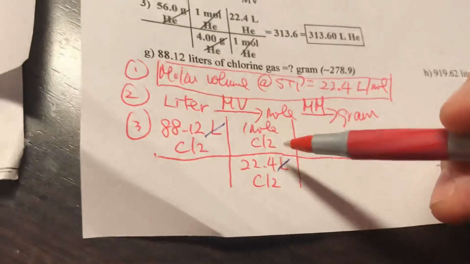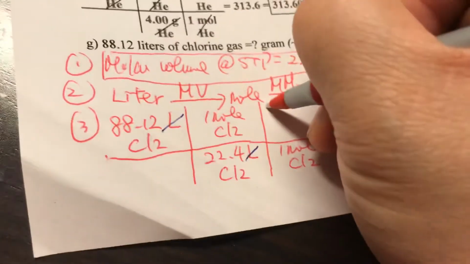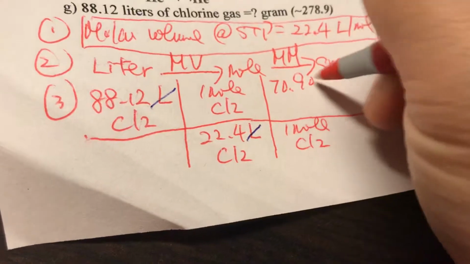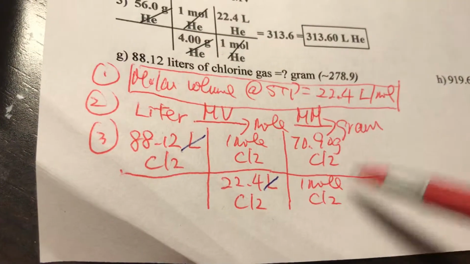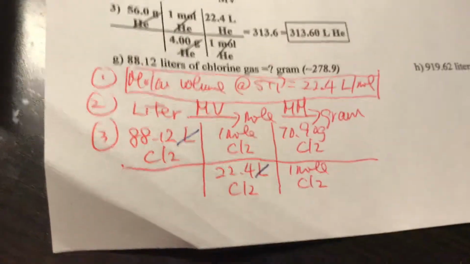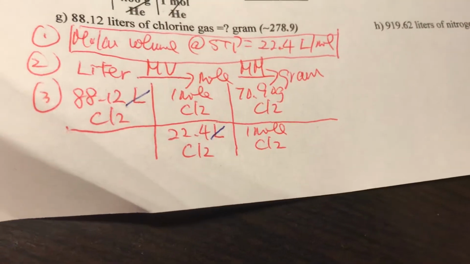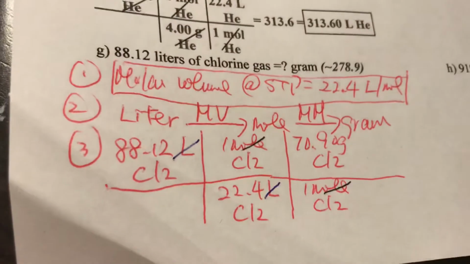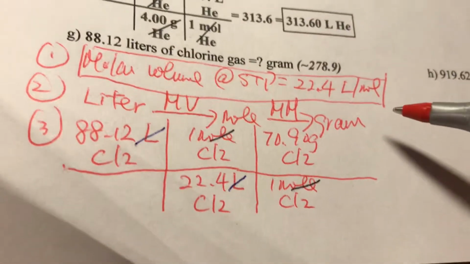So here I have 1 mole, that means 1 mole will be on the bottom, and then my grams will be on the top: 70.90 grams Cl2. Okay, so this number is MM. So I need to cancel my mole and mole. After that you will only have grams left over. That's what I'm looking for.